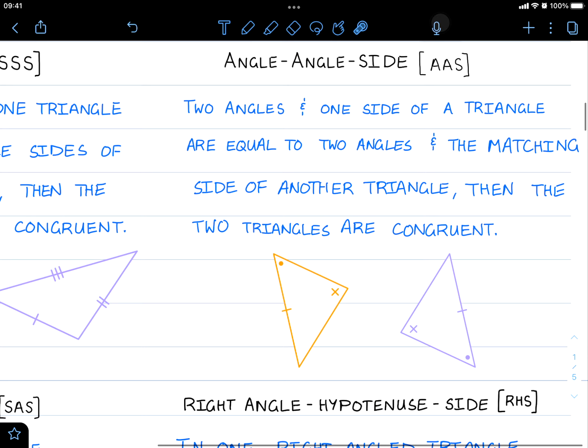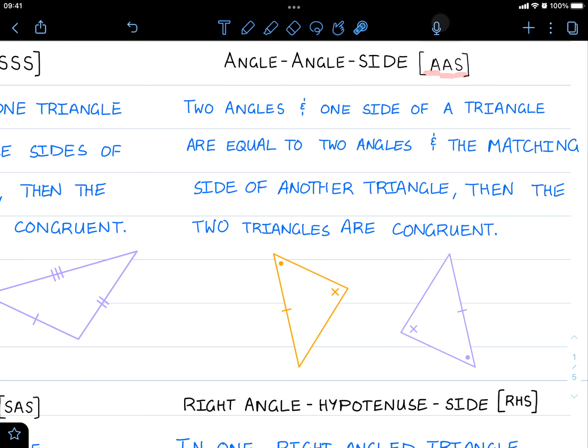With this one, angle, angle, side, AAS, 2 angles of one triangle are equal to 2 angles and the matching side of another triangle, then these 2 triangles are congruent. So for example, 1 angle, these are equal. 2 angles, these are equal.